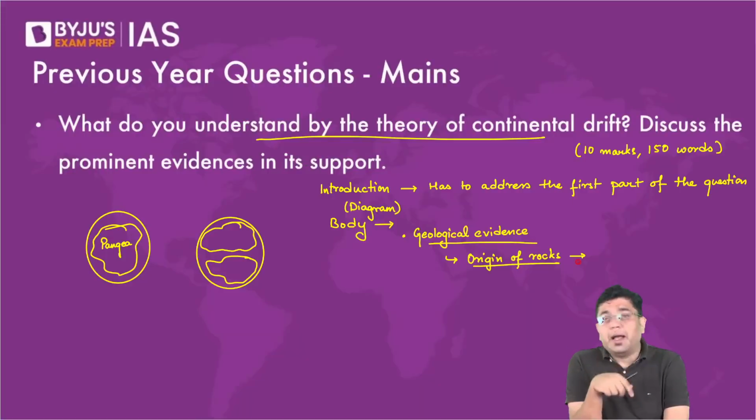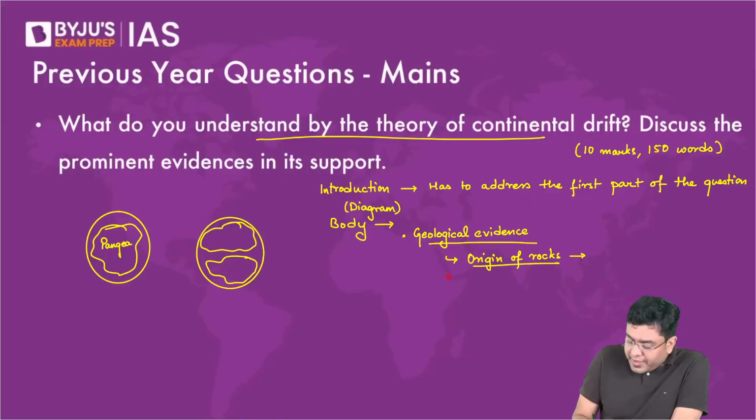That is something you can highlight. In the Brazilian Highlands as well as the region of Western Africa, the rocks have a similar origin. Then you talk about placer deposits. You also have to talk about the jigsaw fit of the continents.